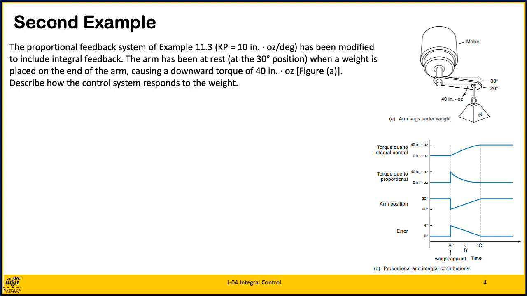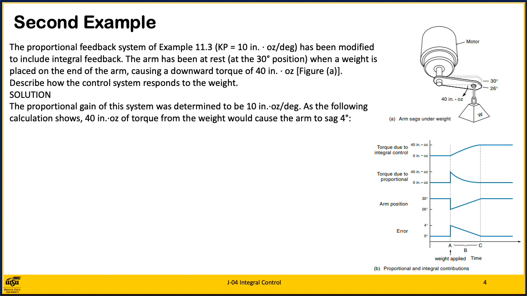The proportional feedback system of example 11.3, Kp of 10 inch-ounces per degree, has been modified to include integral feedback. The arm has been at rest at the 30-degree position when a weight is placed on the end of the arm, causing a downward torque of 40 inch-ounces, shown in figure A. Describe how the control system responds to the weight.